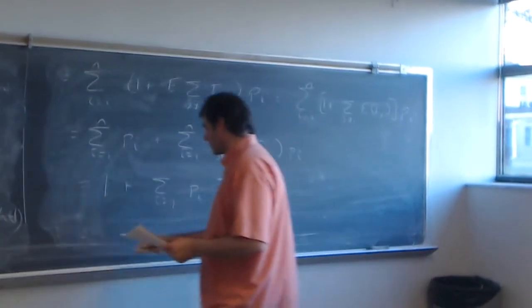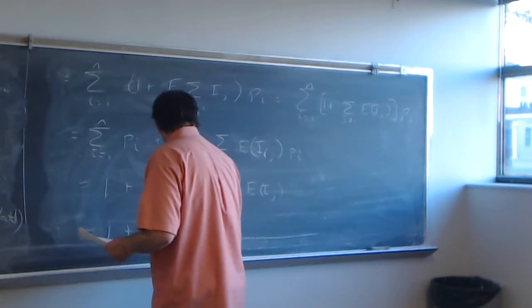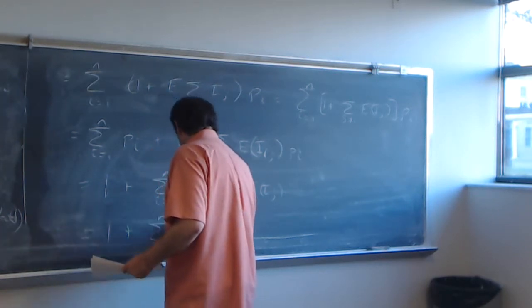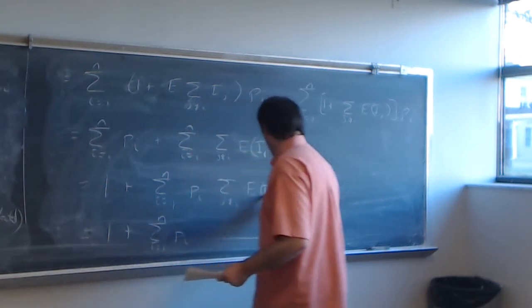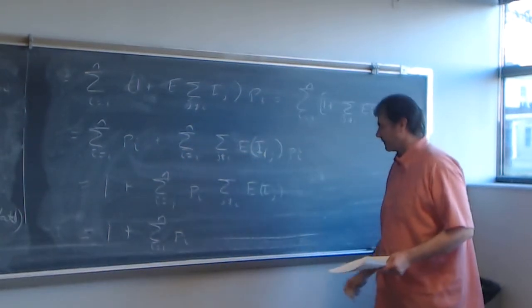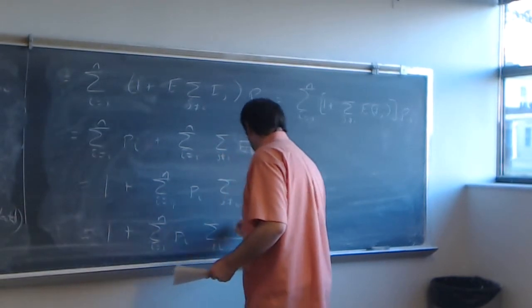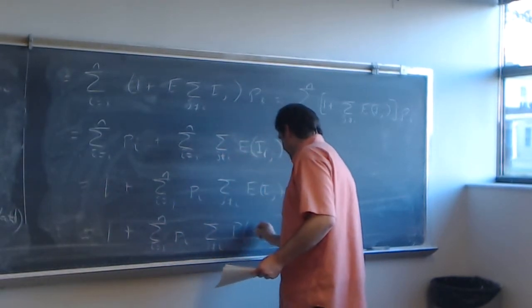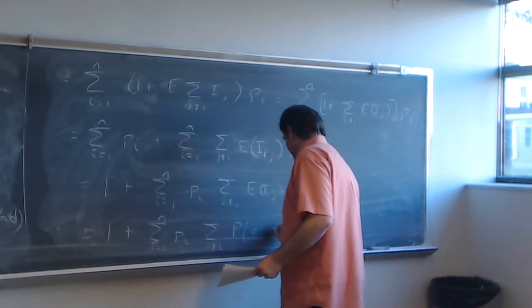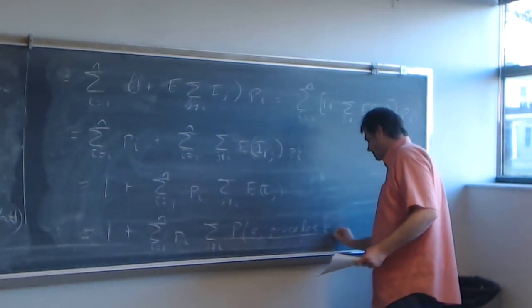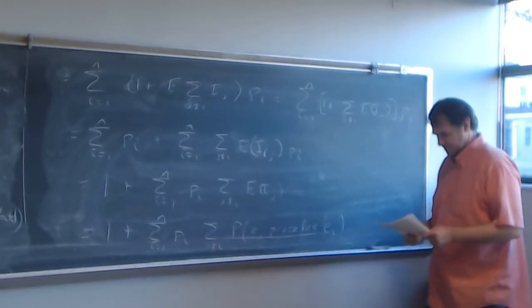Okay. So this is equal to 1 plus sum as i runs from 1 to n of P sub i. And what is this? This is the sum over j's being different than i. This is the probability that E sub j precedes, comes before E sub i. Okay, that's what this is.